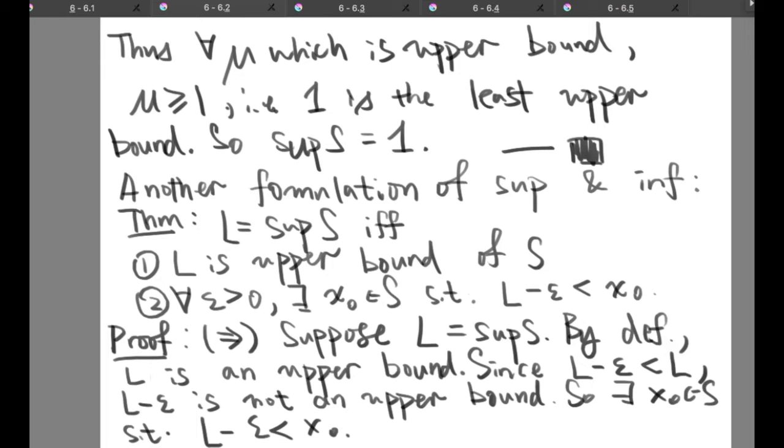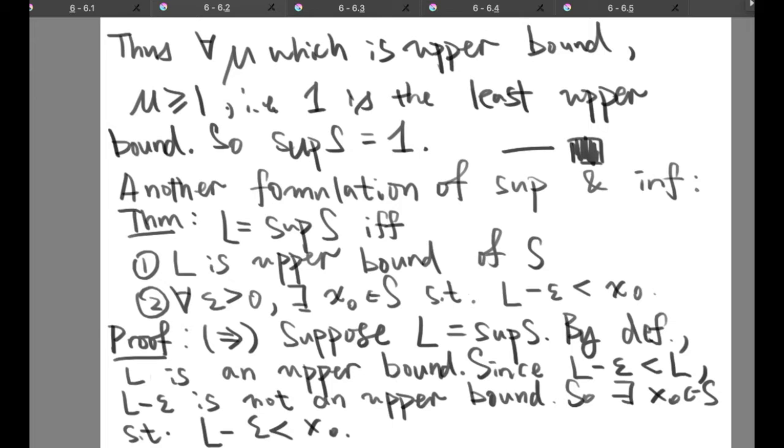We let L be the supremum of S, and L equal to the supremum of S is equivalent to two statements. First of all, L is an upper bound of S, and for all epsilon greater than 0, there is an x0 lying inside S, such that L minus epsilon is smaller than x0.